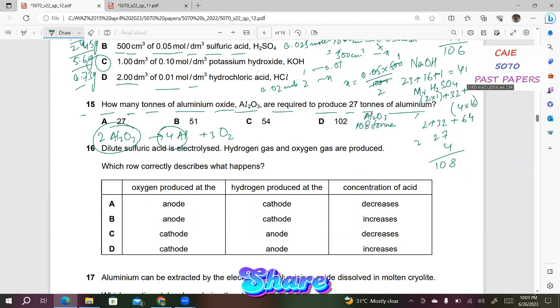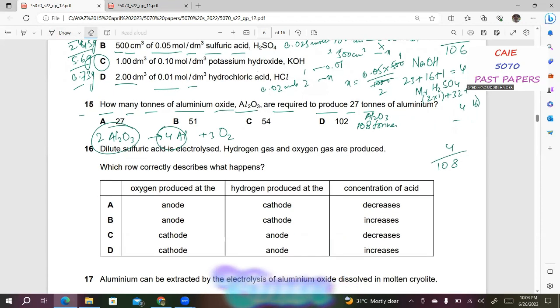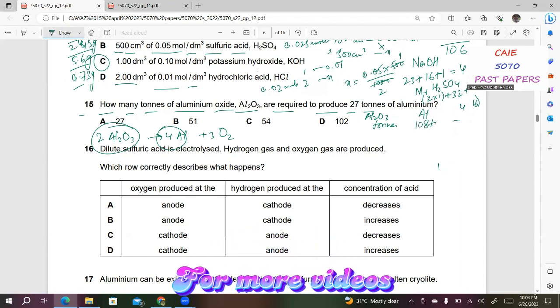Al2O3 and we have aluminium. How many? 4 aluminium. Sorry, this is for aluminium. 108 tons is for aluminium. I am writing aluminium 108 tons.